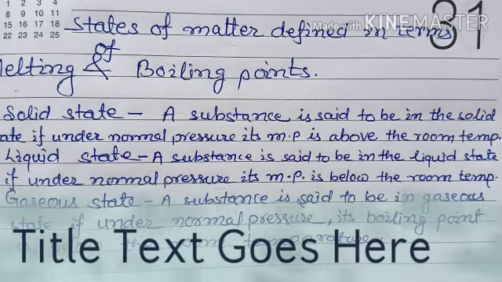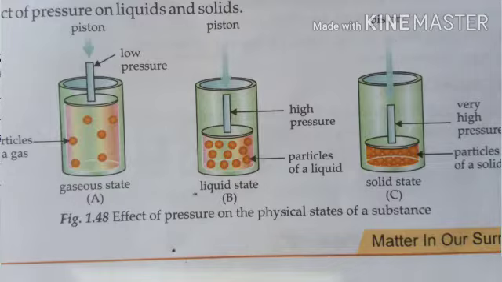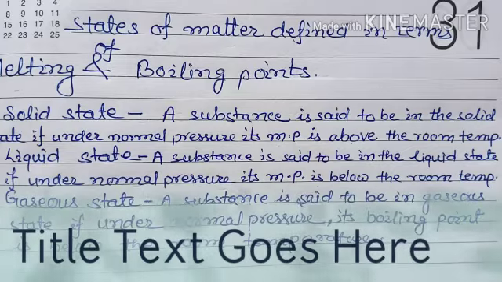Now, you see one example here. Look at the figure. In cylinder A, gas is present. In cylinder B, liquid, and in cylinder C, solid is present. The gas in cylinder A is compressible even on applying low pressure, as the intermolecular distance between gaseous molecules is very large.